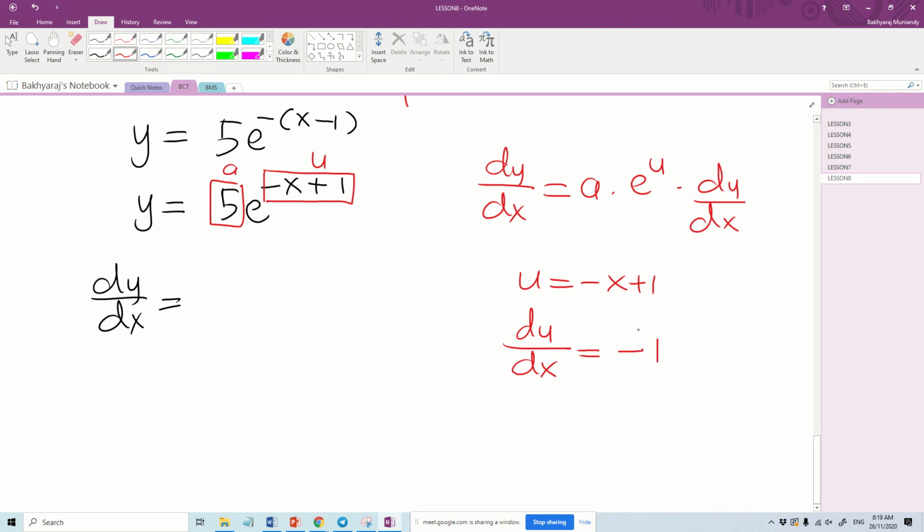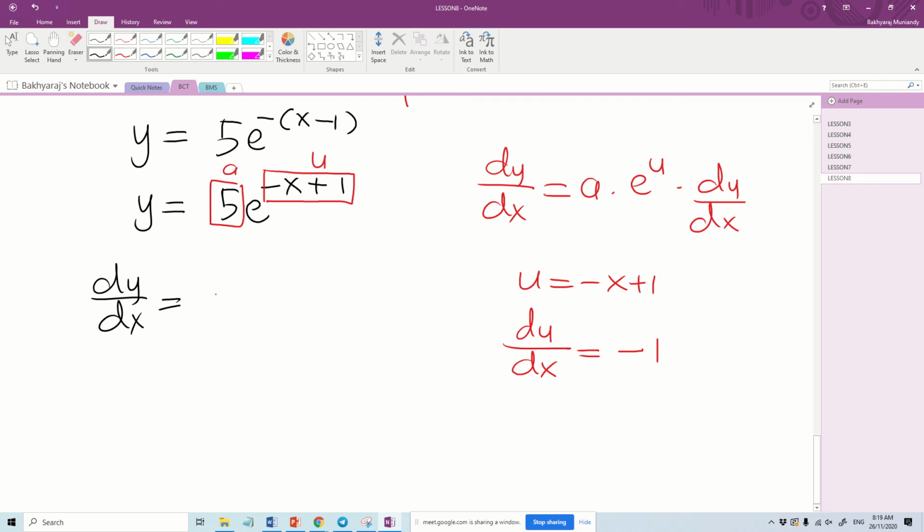Okay, when you differentiate u, it becomes negative 1. Okay, dia jadi negative 1. Okay, so we can go for the last answer.